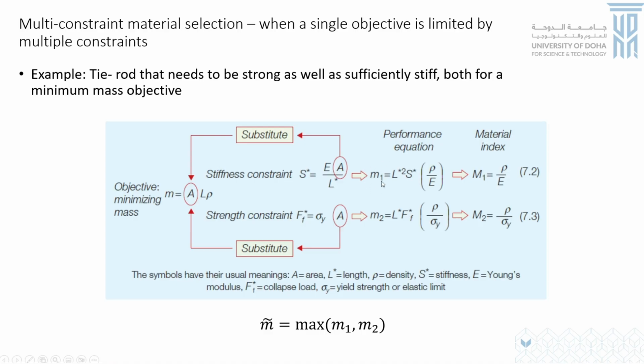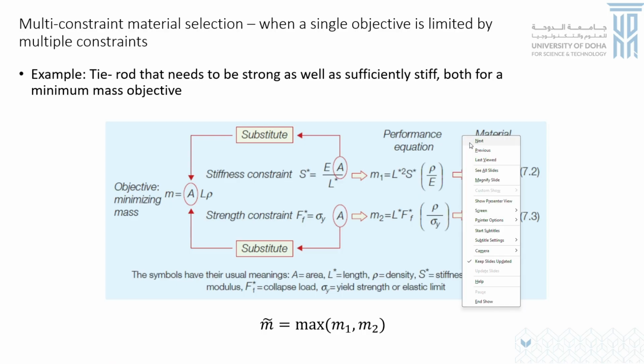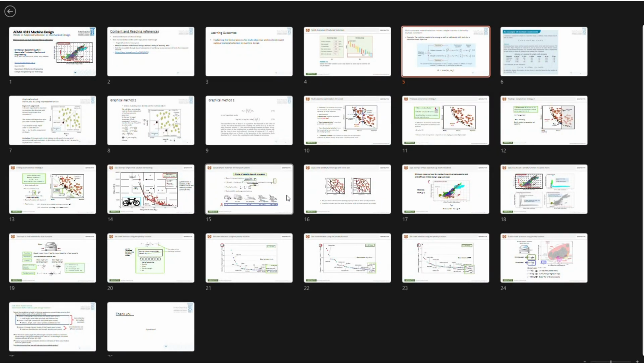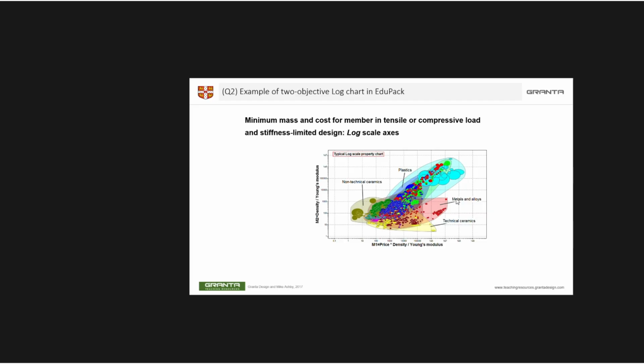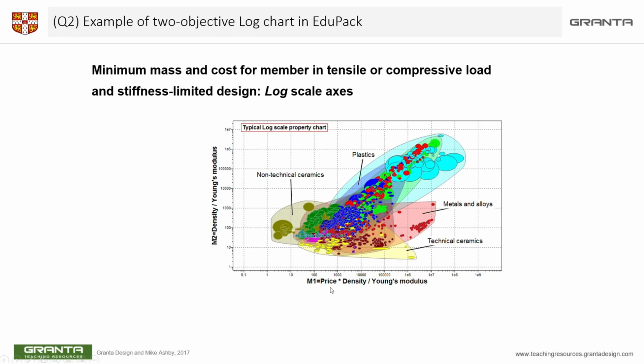So in this chart, you can see that the material index, as a function of cost for the stiffness constraint, becomes price into density over Young's modulus. I have explained this a bit more in the lab demo video as well, so please go back and have a look at that.